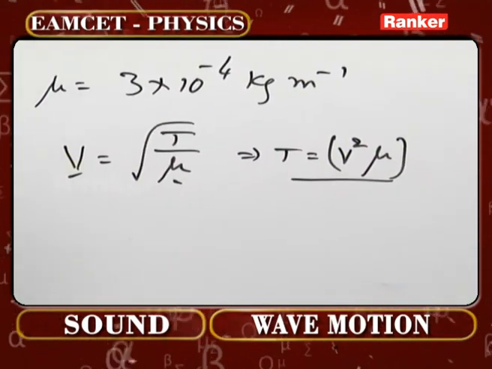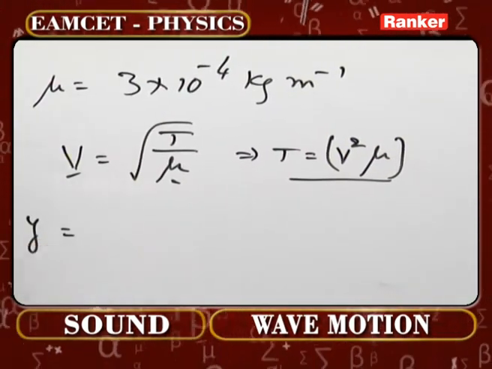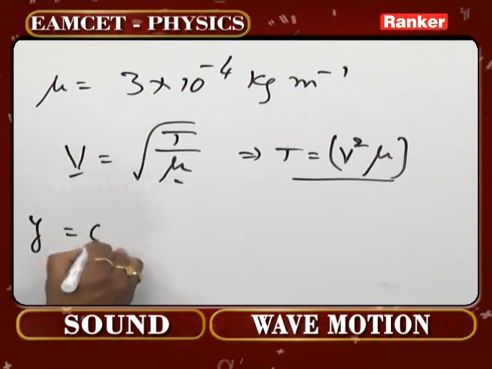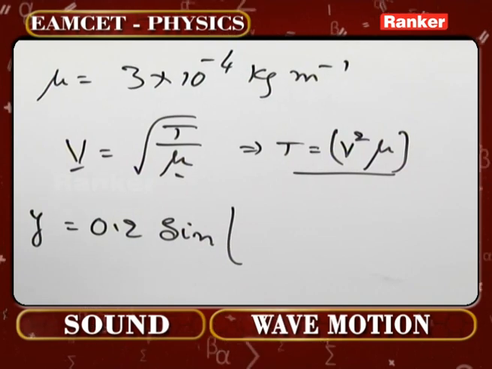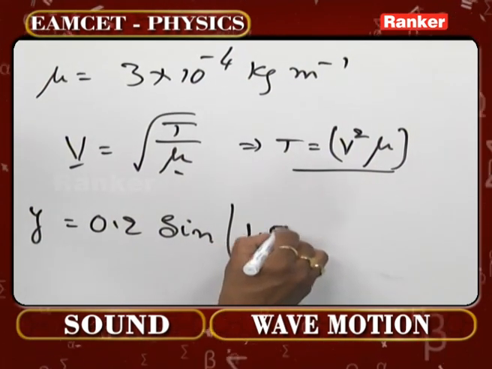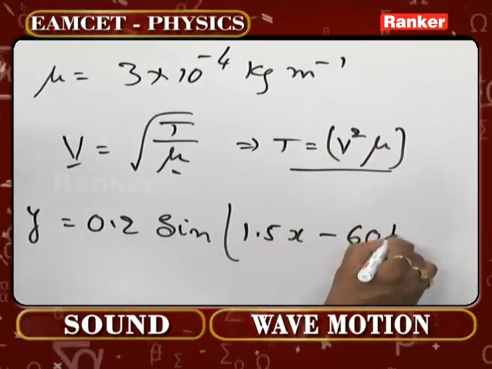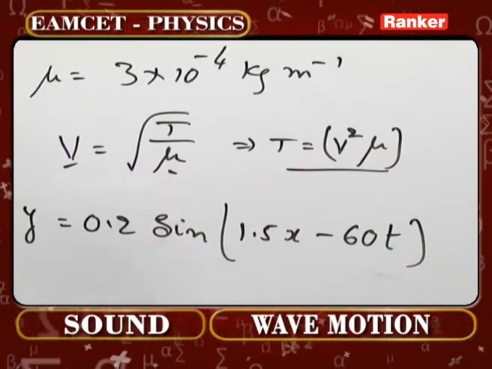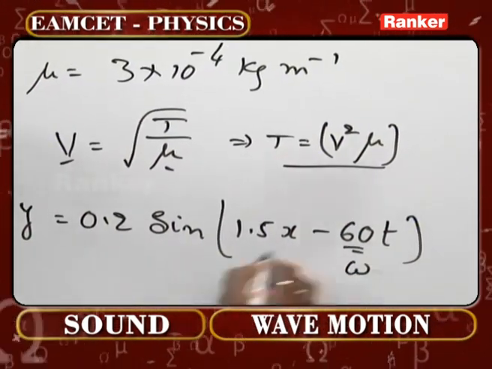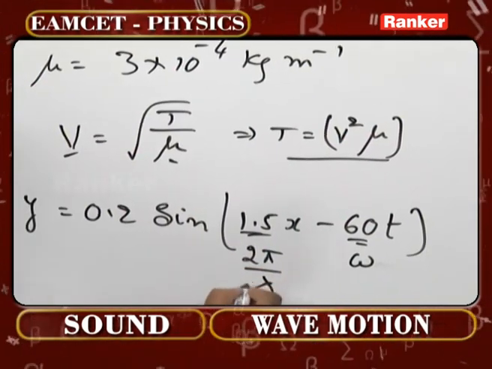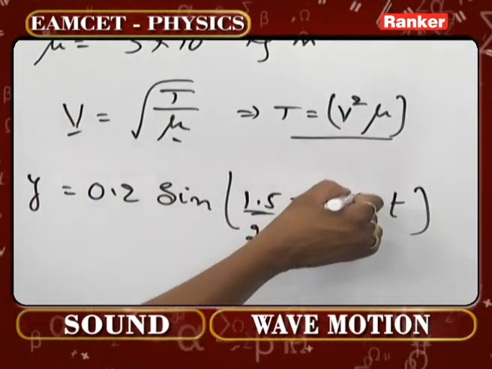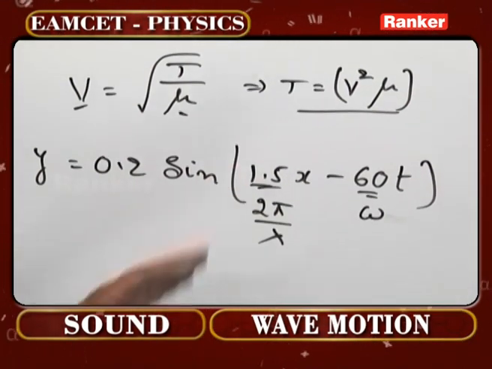From that equation y is equal to 0.2 sine, what are the values given in brackets? 1.5x minus 60 into t. Just look at that one. What is this 60? It's omega. What is this 1.5? 2 pi by lambda. In fact, 2 pi by lambda into x minus omega into t. That is the equation that we have taken.